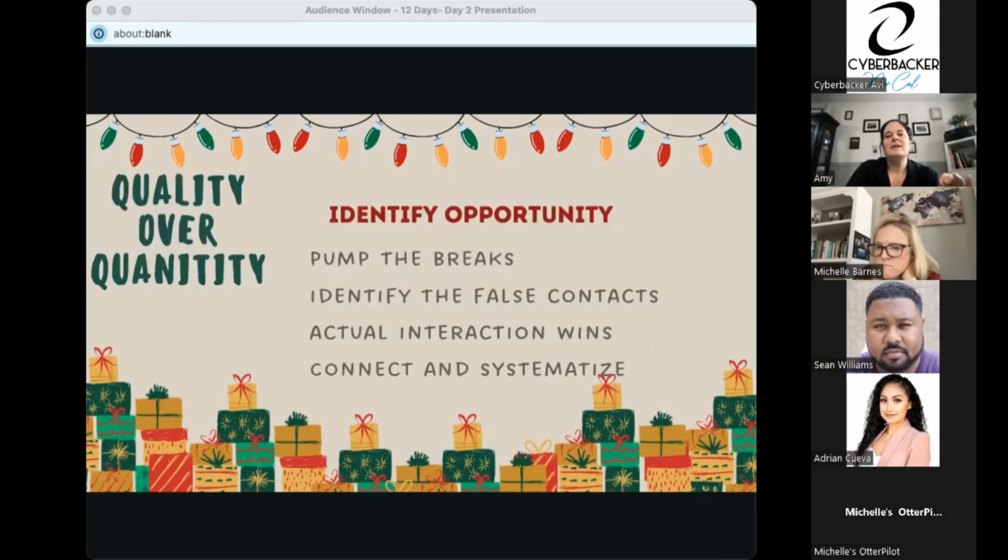So yesterday, we talked about what your database is worth, right? So if you're spending money on leads and you aren't systematically working your existing database, you may want to pump the brakes on the lead spend. The reason for that is that if we're spending money, we're throwing people into our database and we're not systematically connecting with those, we're losing financial opportunity and we're not managing our database correctly.